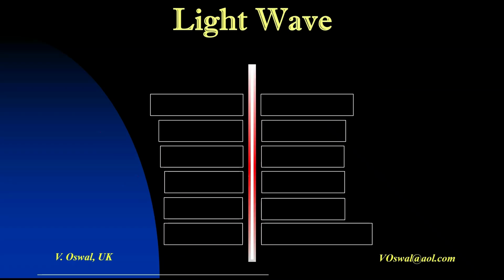We now study the waves under two headings. The parameters of light describe its numerical or other measurable factors. The properties describe the various ways in which the light behaves when it interacts with matter.